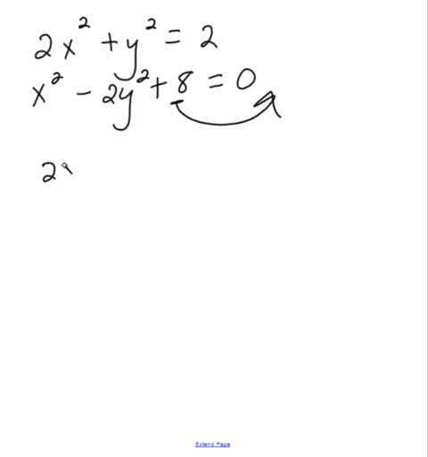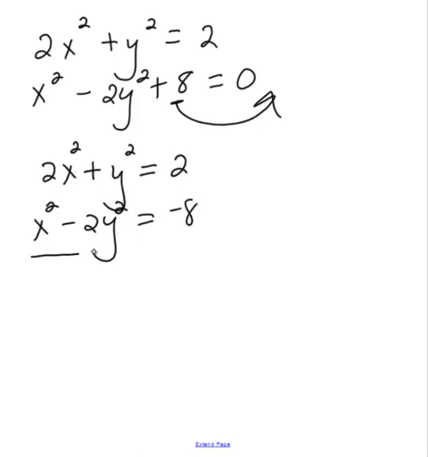So my system looks like 2x squared plus y squared equals 2, and 1x squared minus 2y squared equals negative 8. Now I would probably choose the elimination method because these all have squares and the two equations match each other.